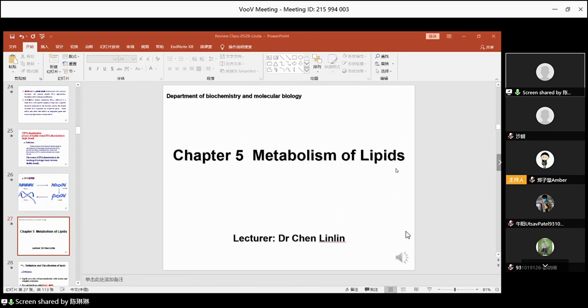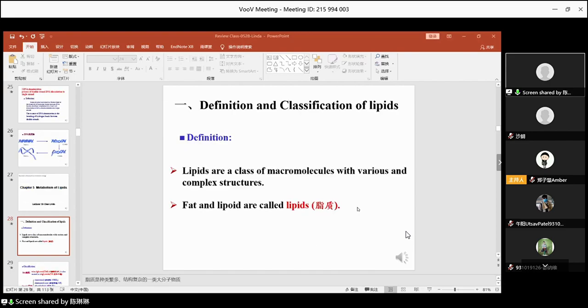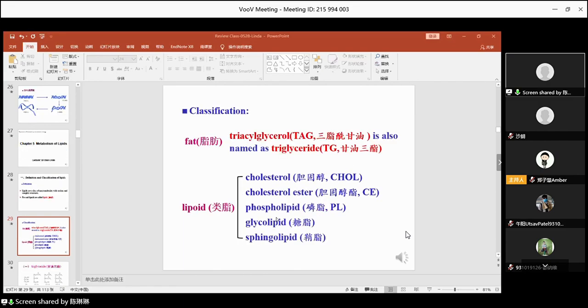And next chapter is metabolism of lipids. In this chapter, firstly, you should remember the definition of lipids. Lipids are a class of macromolecules with various and complex structures. Fat and lipoid are called lipids, okay? And you should remember the lipids can be classified into fat and lipoid.